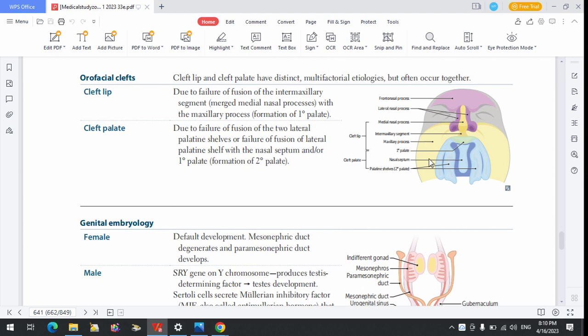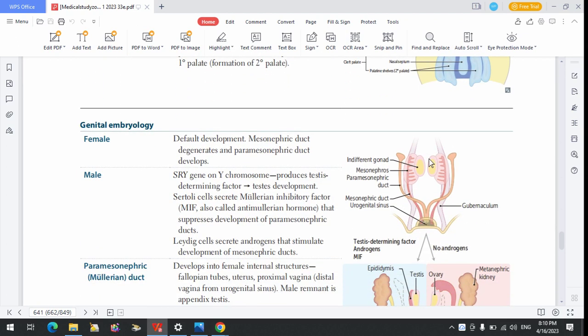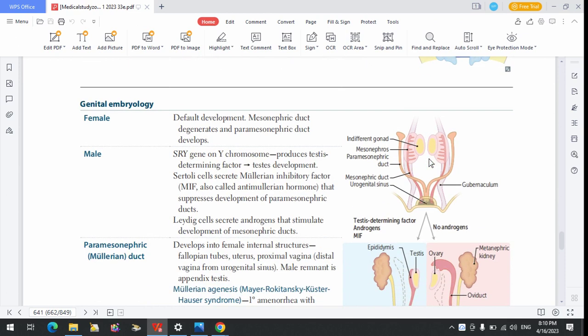Yes, the lower distal vagina comes from the urogenital sinus. Don't forget.